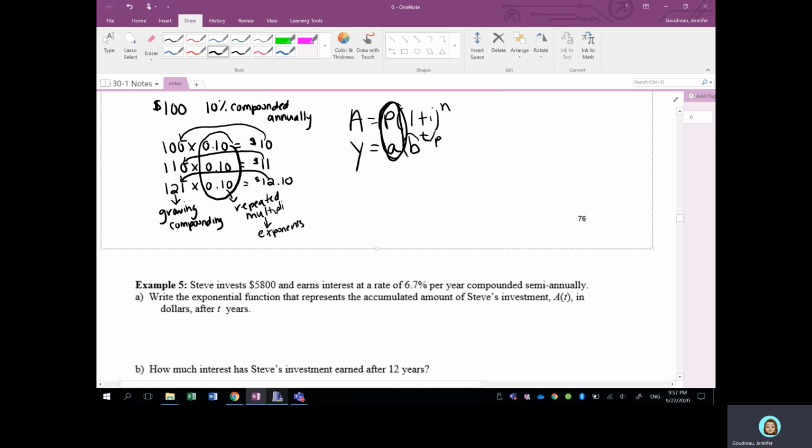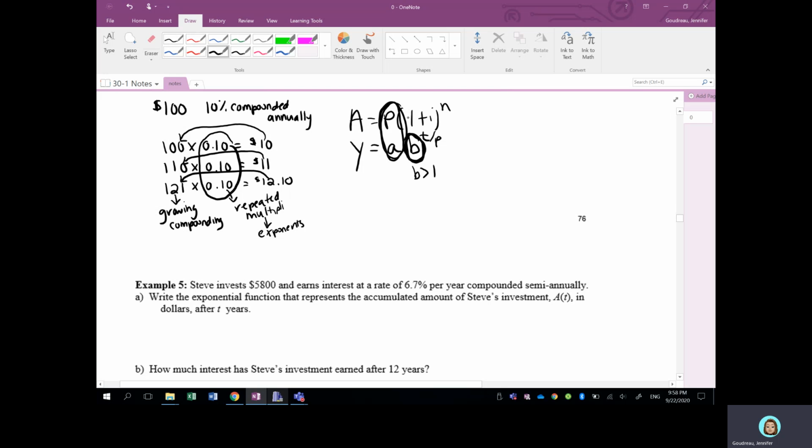B, now, B is related to the interest rate. But because we want our investment to grow, or because the interest adds to what you owe, we always want our base for these questions to be greater than 1. So when we are given an interest rate, you'll notice that it is 0 decimal all the time. What we want to do is add 1 to our interest rate.